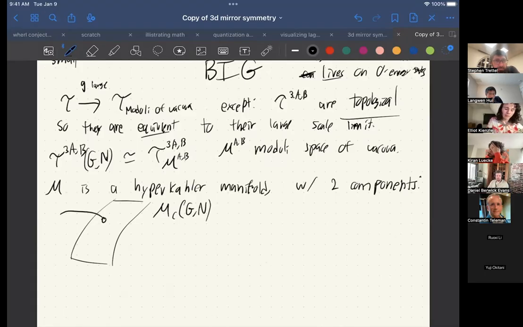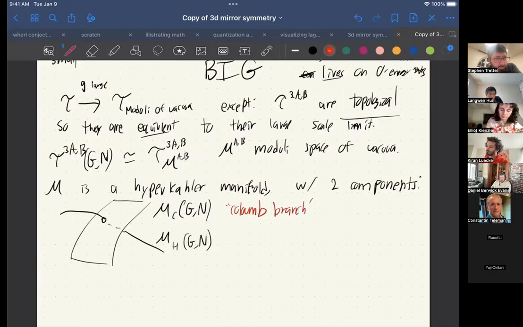And then we have a separate thing, which is some sort of other submanifold, which is the Higgs branch. So let's write this down. This is the Coulomb branch. And this is the Higgs branch. Okay.